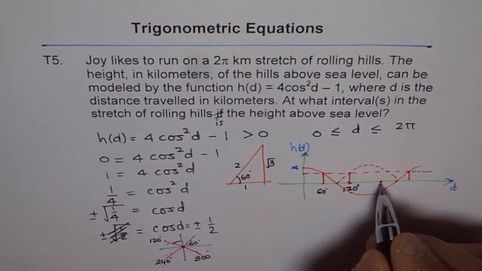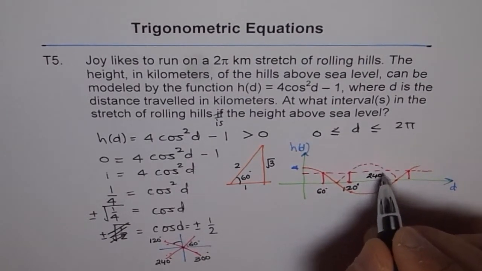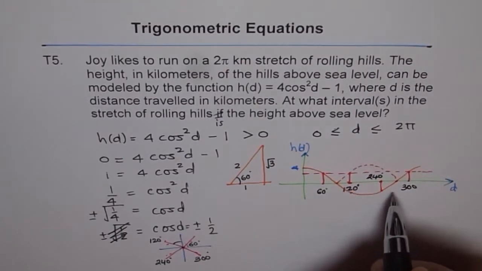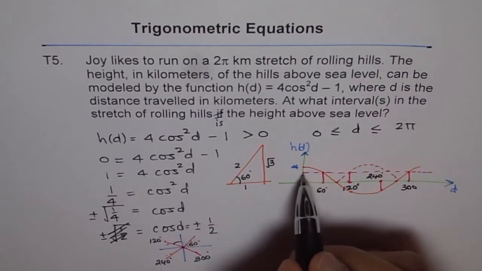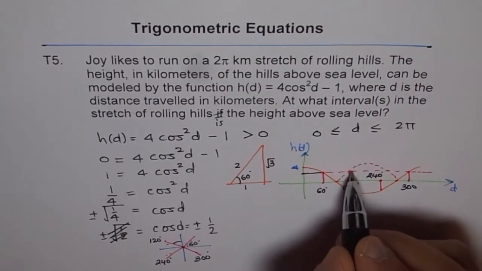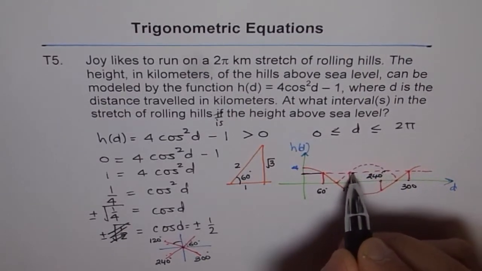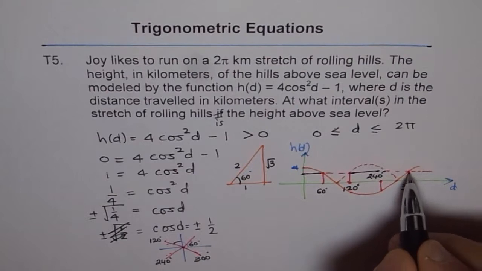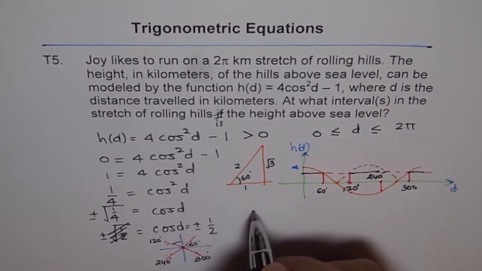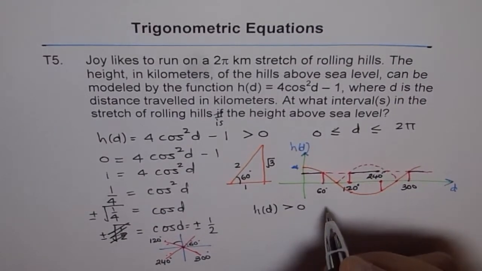And then we have this one, which is 240 degrees. And then this one is at 300, correct? As you can see, the height is above sea level between 0 and this place, and then between here and here, and then afterwards. Do you see that? And therefore, we can say that h of d is greater than 0 in these intervals.